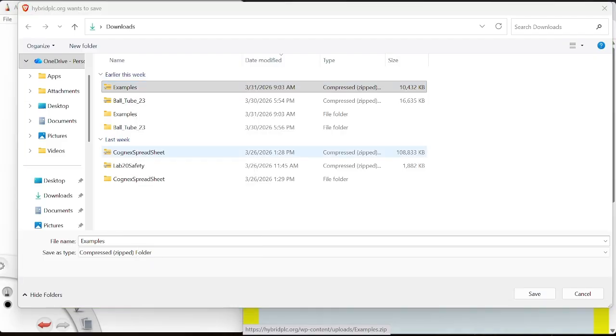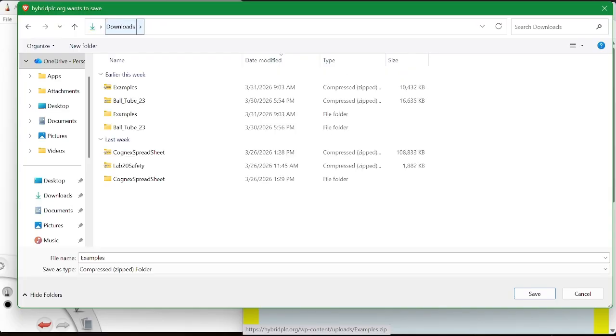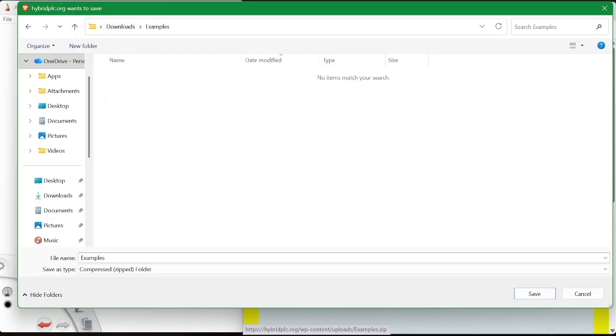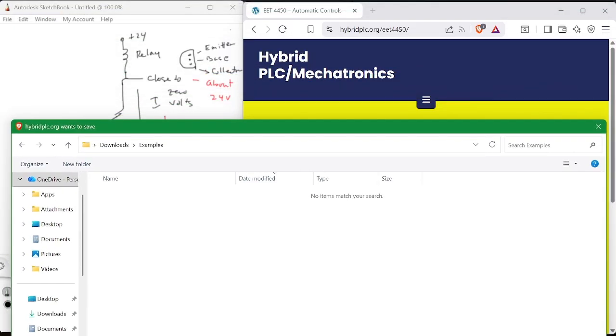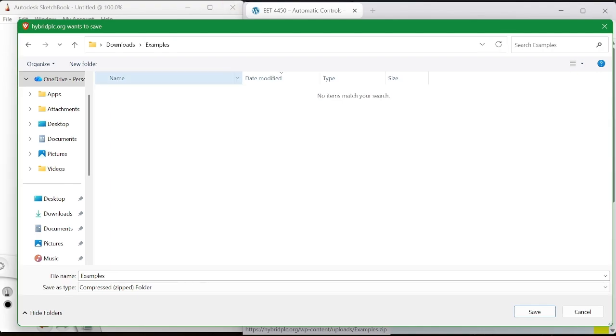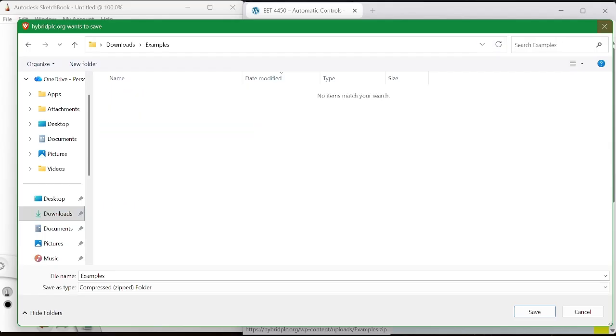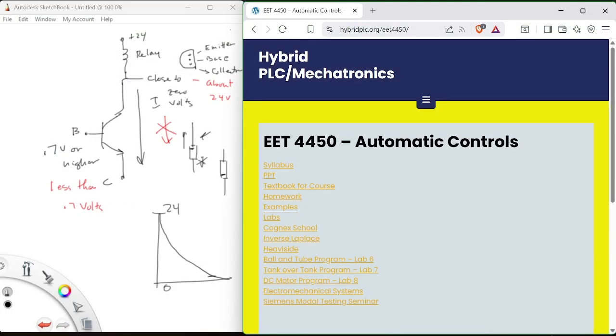Extract all. Do you see that being extracted? What is going on? I don't know. Something's going on. I don't know what it is.